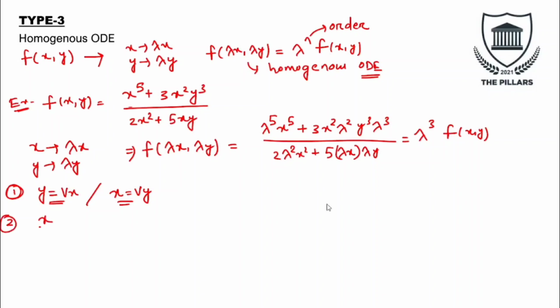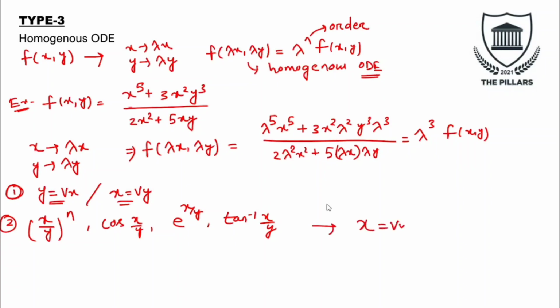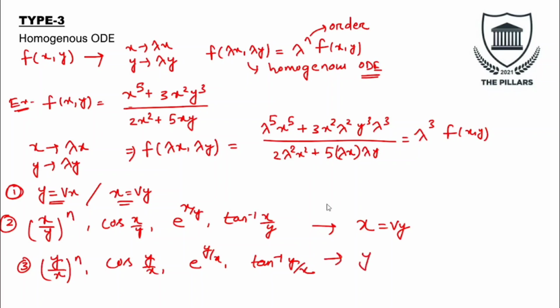Whenever there are terms like (x/y)^n, cos(x/y), e^(x/y), or tan inverse (x/y), in that case we will use x = vy. And whenever there are (y/x)^n, cos(y/x), e^(y/x), or tan inverse (y/x), in these cases we will apply y = vx.